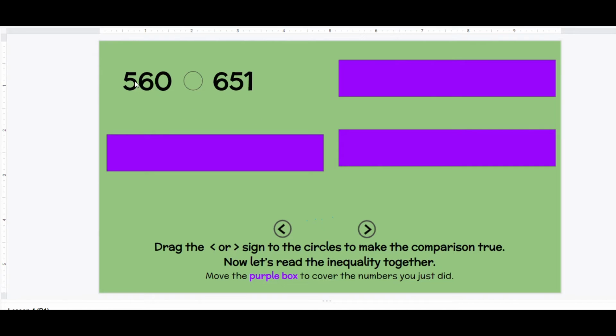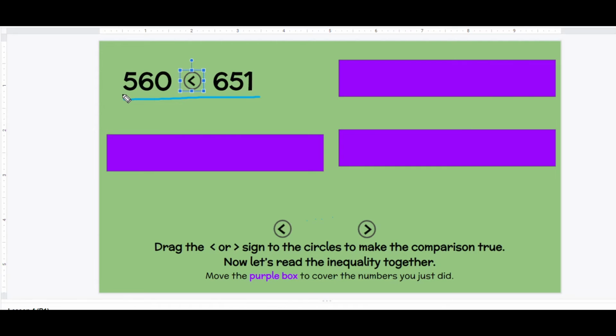Class, read it with me. 560 compared to 651. Think about it. Class, will we use greater than or less than? Class, less than. And the student leader would take the less than sign and drag it up. Now, if students are forgetting what that says, every time we reread the entire sentence.